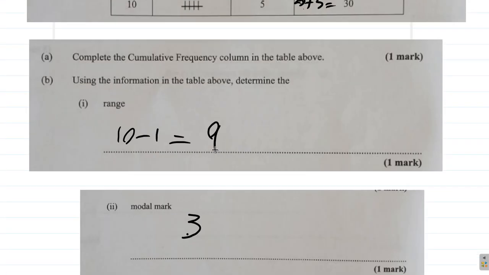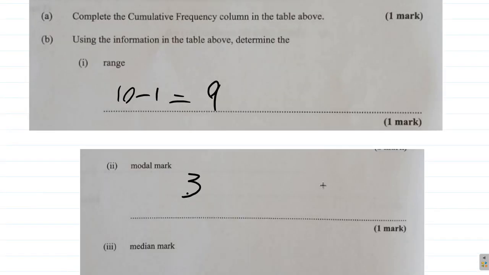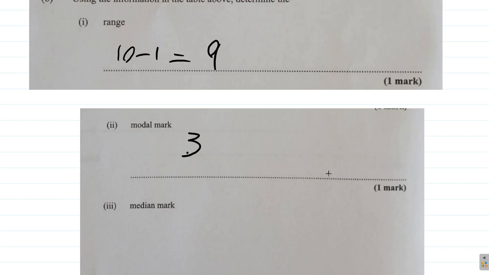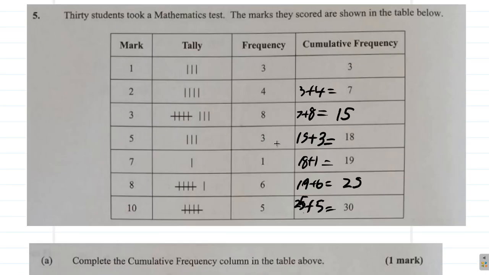What else is going on here? The median mark. 2 marks for that. That means you're going to have to do a little more work than these, where you got only 1 mark.